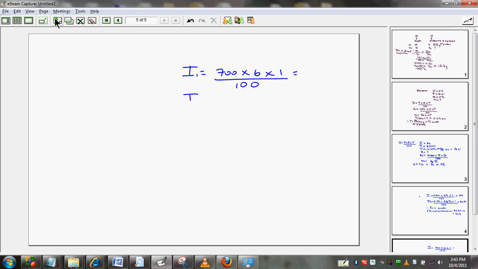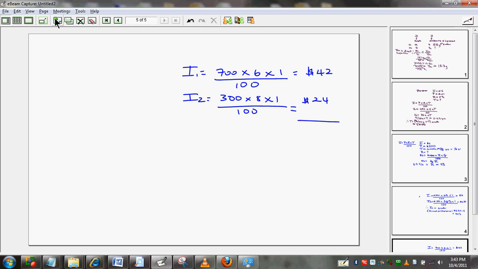And I2 would have been $300 by 8%, by 1 year, over 100. Okay? In the first case, that works out to be how much? $42. And the second case, that works out to be $24.